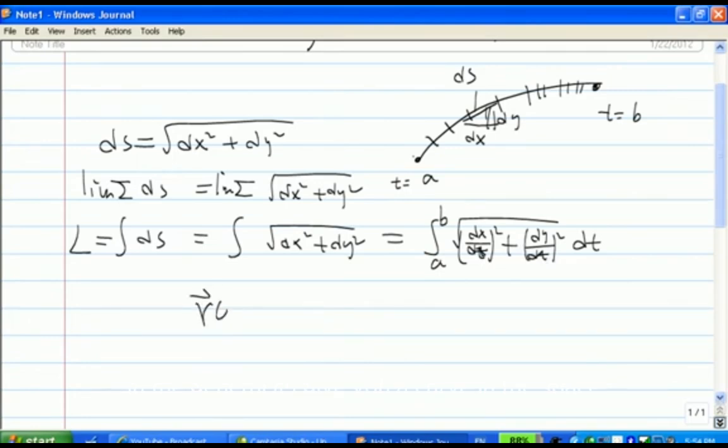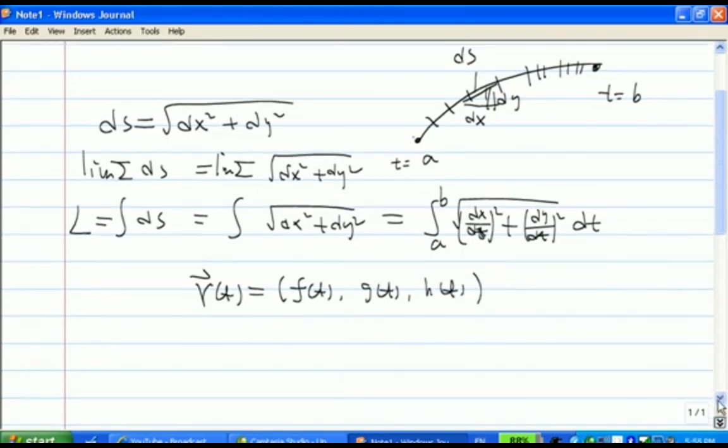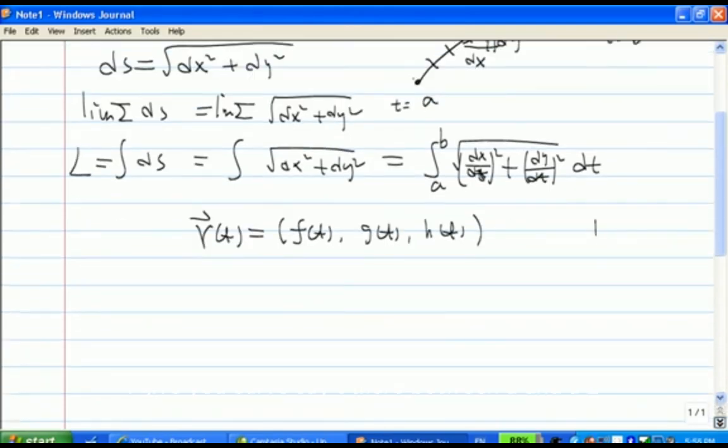In general, if I give you a curve in space, that means I give you a vector function, say with t between a and b. This is equivalent to saying I give you the parametric form: x equal to f of t, y equal to g of t, z equal to h of t.